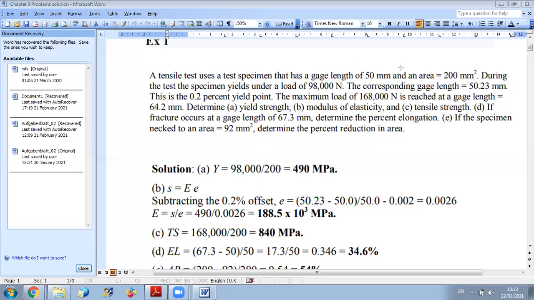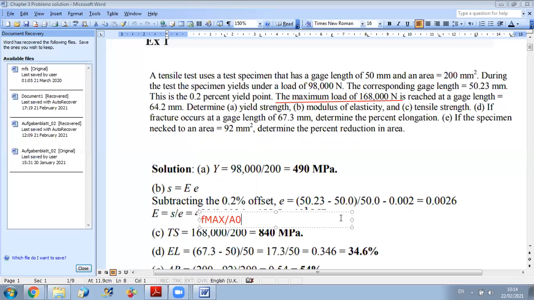Now, part C calculates the tensile strength. The tensile strength, as we know, corresponds to the maximum stress, which is due to the maximum load. So the maximum load applied is given. The maximum load is 168,000 Newton. And to find the tensile strength, the formula is F max over A0.